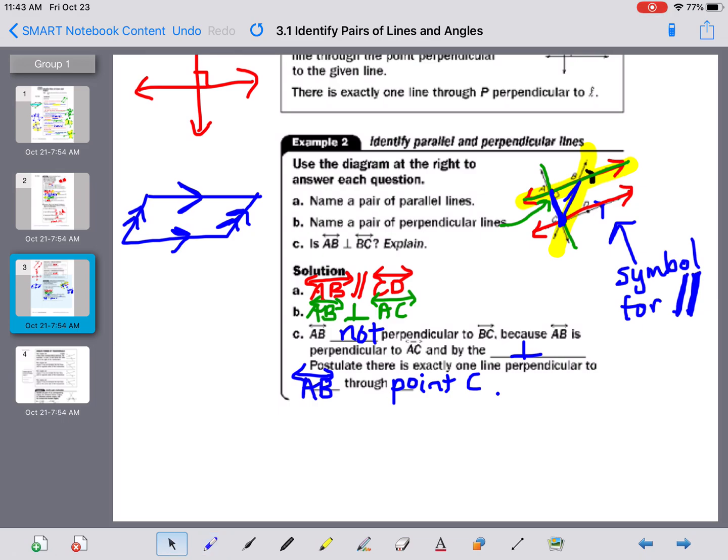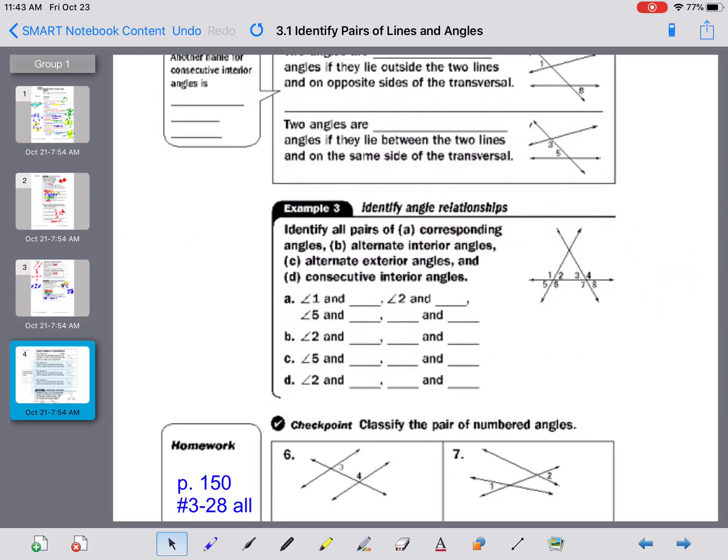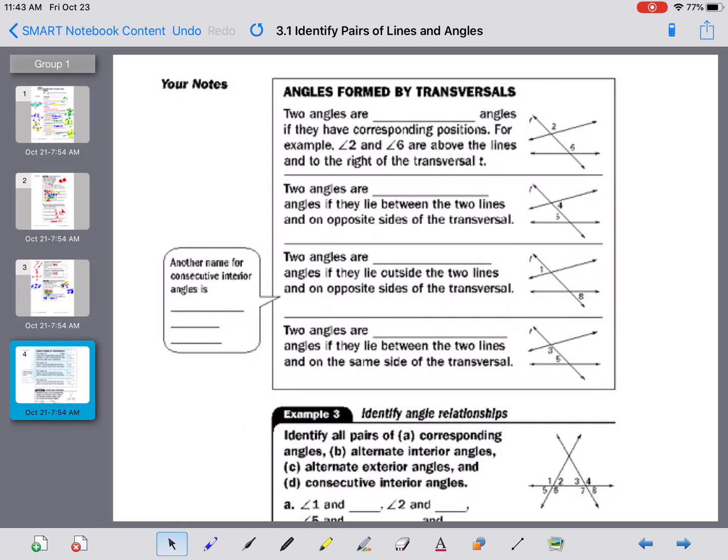All right, we're ready for page 4. Page 4 is simply another review of those vocab words that we did in our vocab, okay? So again, location, location, location, it's all about that vocab word with where these angles are located. So the first one here, 2 angles are corresponding angles.